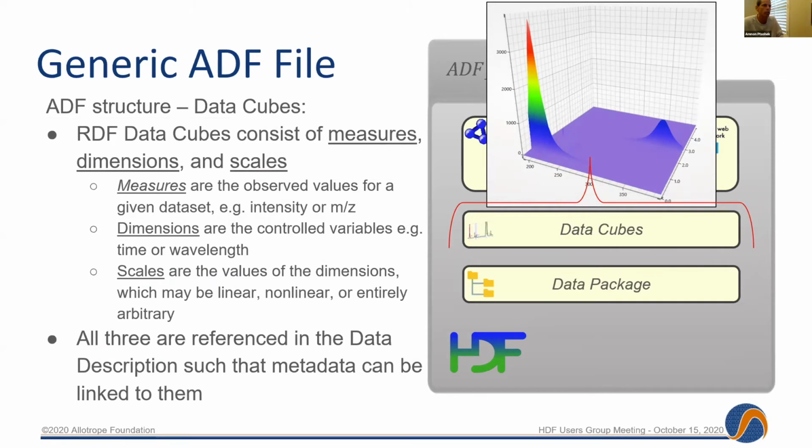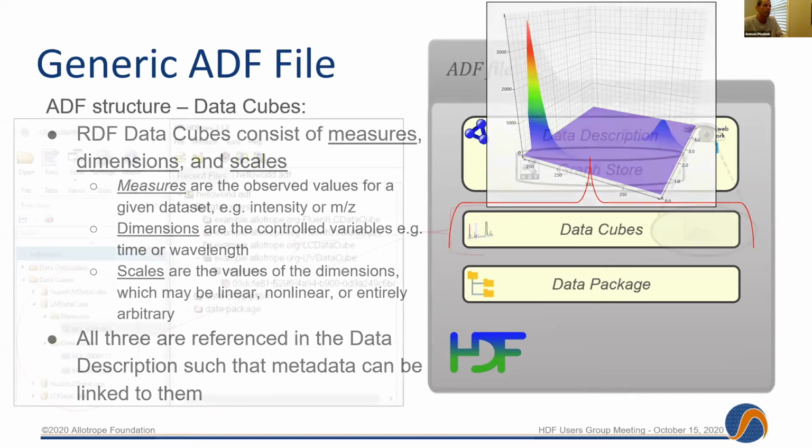Dimensions are the control or independent variables, so the X within a graph of X, Y. For example, here it is time and wavelengths. And scales are values for the dimension. They are in the data description. All three are referenced in the data description to create metadata to link them to the rest of the contextual information.